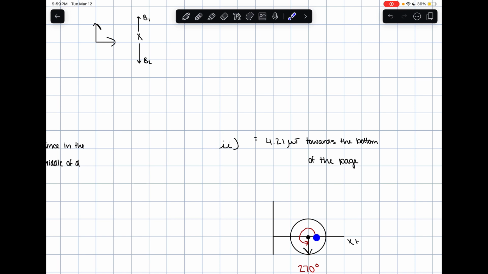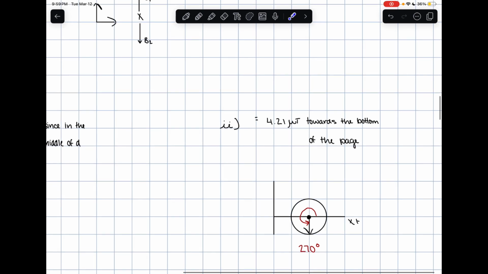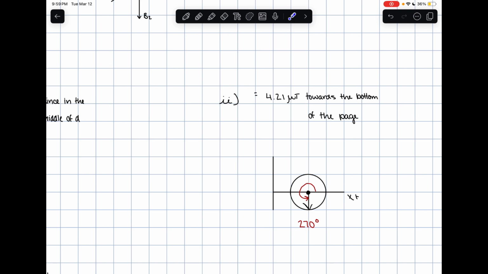Then I'm going to start at the x-axis and draw a little circle around. The easiest way to do this is to determine from here to here is about 3/4 of a circle, or 270 degrees. And obviously we're going in the counterclockwise direction for that. So our answer for part 2 will be 270 degrees counterclockwise from the positive x-axis.